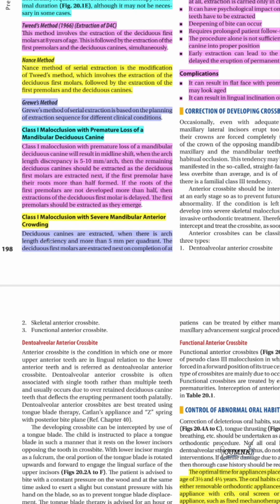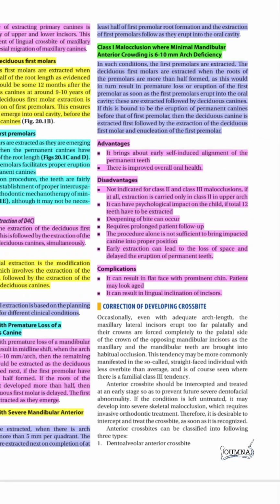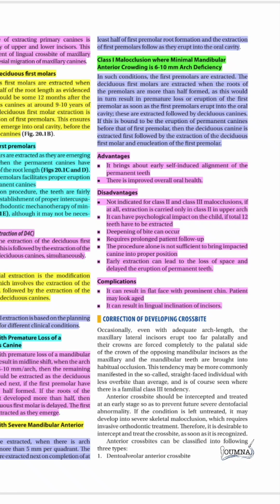Another case is when there is a severe mandibular anterior crowding. We should extract the deciduous canines to give space for the anterior portion. Then we should extract the first molars and wait for the first premolar to erupt and extract it also.